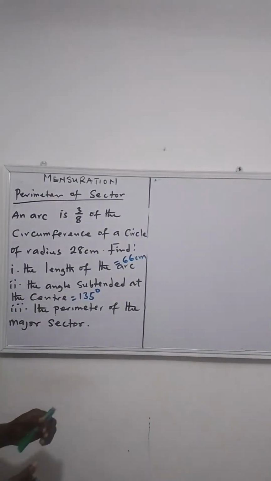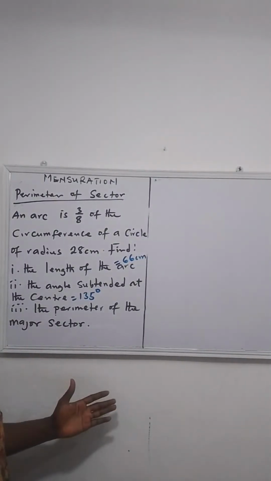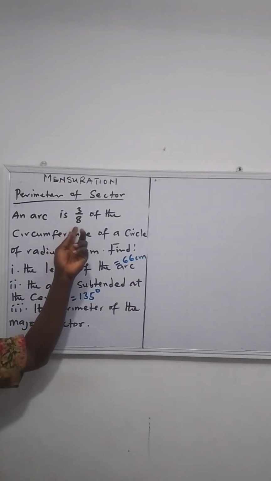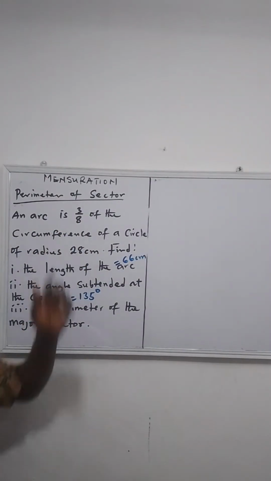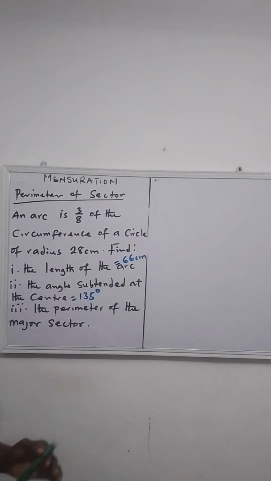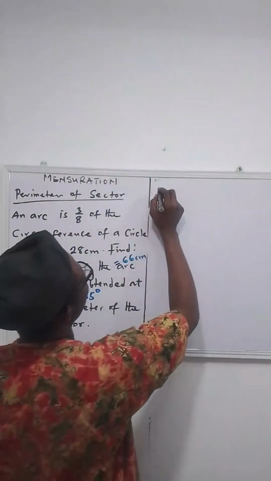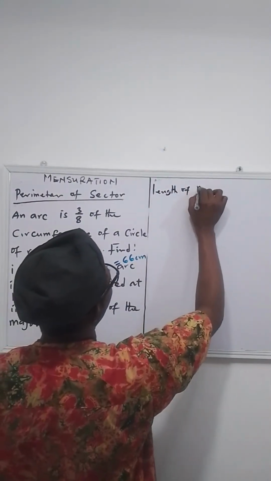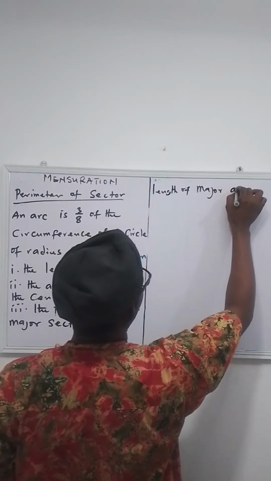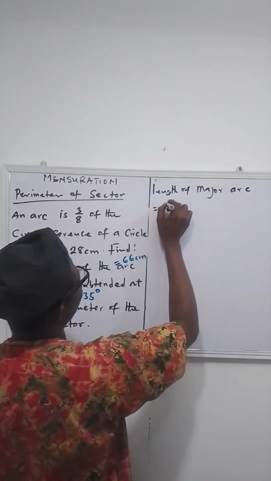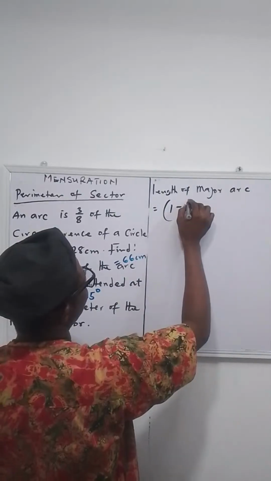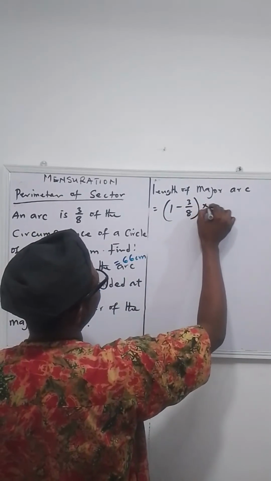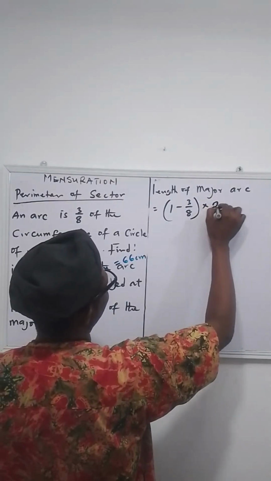Now, to get the length of the major arc, there are several ways to get the answer. But don't forget, this is the fraction of the minor arc. So to get that of the major arc, the length of the major arc is going to be 1 minus 3 over 8 times 2 pi r.